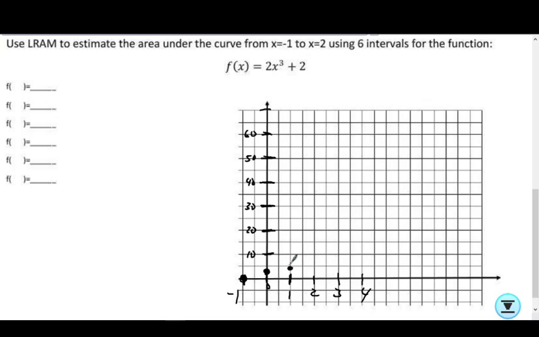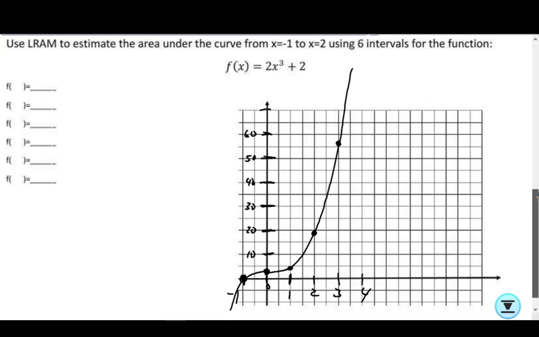And then at 2, we're going to be at 18, which is almost 20, so that puts it somewhere like that. And then at 3, we're going to be at like 56, so somewhere like right there. So this kind of gives us an idea of what our function looks like. So this one goes like that, and this goes up like this. So there's basically what my cubic function looks like.